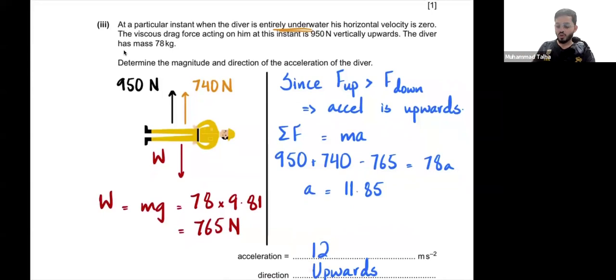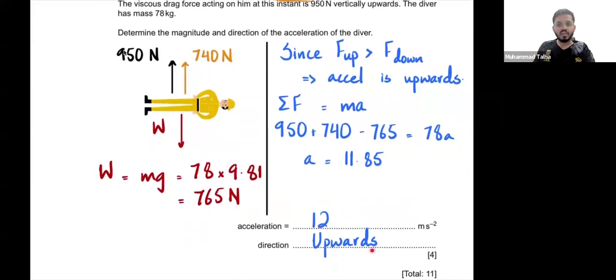So even before going on to the calculation, I write here that the resultant force, and hence the acceleration, is also upwards. Then I use Newton's second law. So 950 plus 740 upward forces minus the downward force 765 equals ma. So 78 times a. A exactly turns out to be this. So to 2SF, this is 12 meters per second squared.